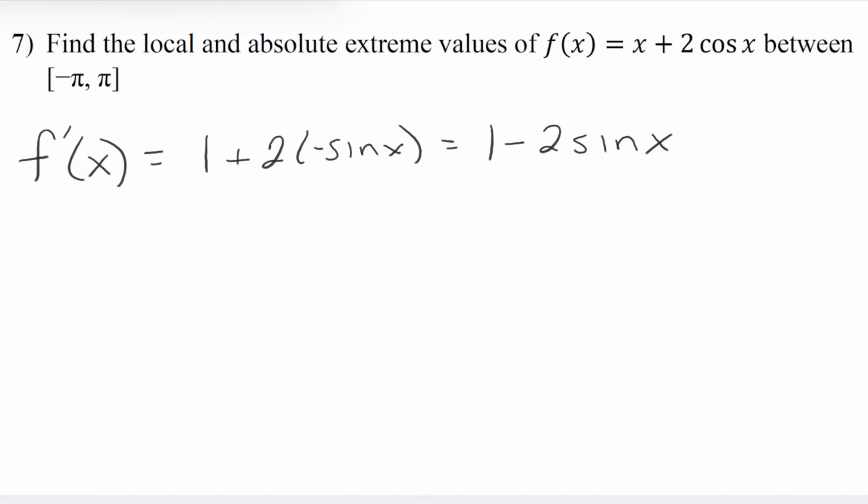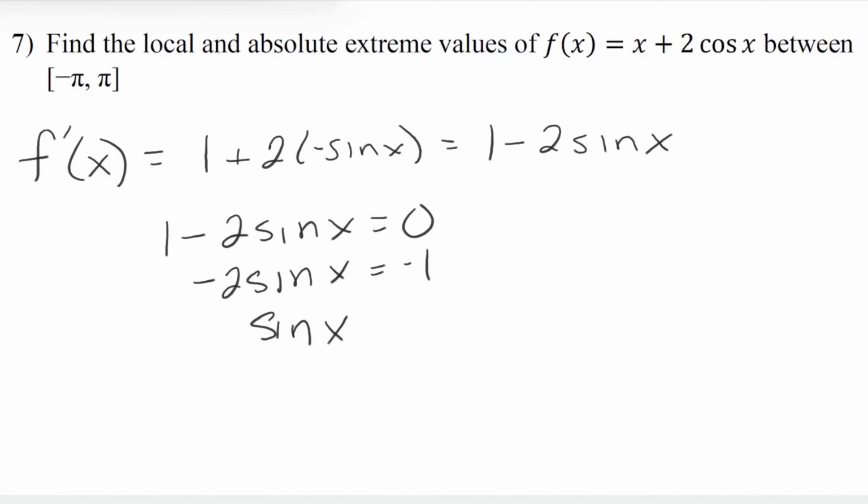So 1 minus 2 sine of x equals 0. So I've got 2 sine of x equals 1. So sine of x equals 1/2.